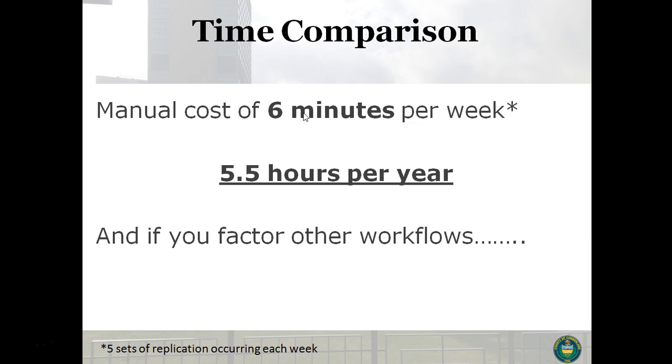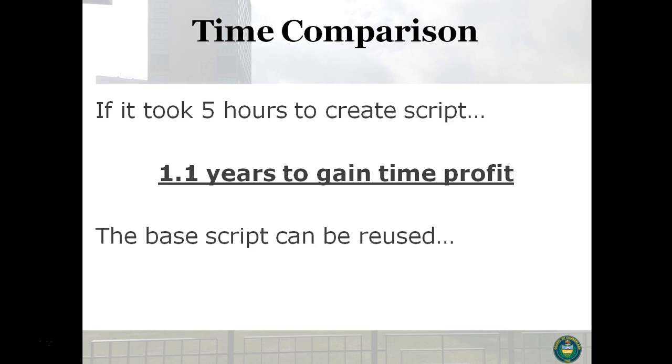So it took about 6 minutes per week to manually run replication for 5 departments. So that's around 5.5 hours per year. And so if it took you 5 hours to create the script, which in this case, it shouldn't take you that long because I've done the heavy lifting, but if it took you 5 hours to create the script, after around a year, you would now have time you didn't have before.